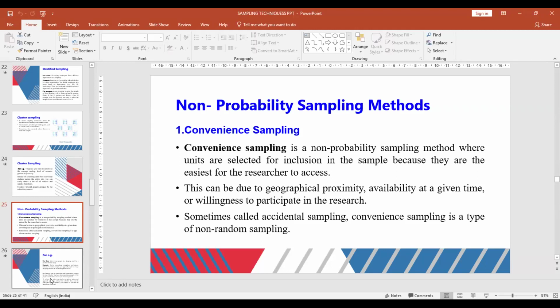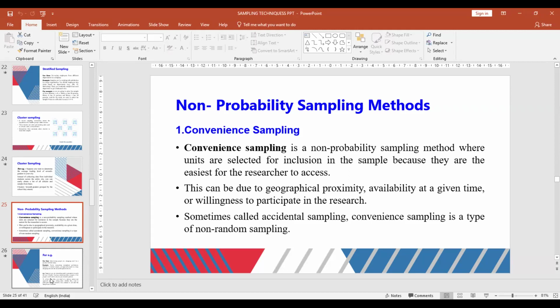As I discussed, in this there are four classifications. Number one, convenience sampling. It is known as unsystematic, careless, accidental, or opportunistic sampling.